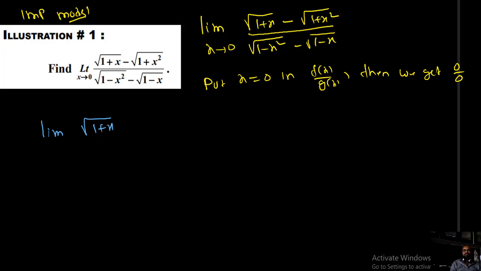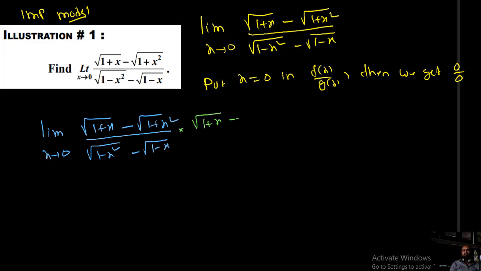Root 1 plus x minus root 1 plus x square by root over 1 minus x square minus root over 1 minus x. Students, here you want to rationalize both. First of all, I want to rationalize the numerator here: root over 1 plus x plus root over 1 plus x square multiplied and root over 1 plus x plus root over 1 plus x square divided.